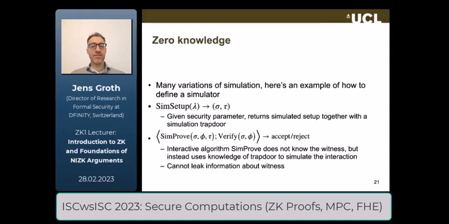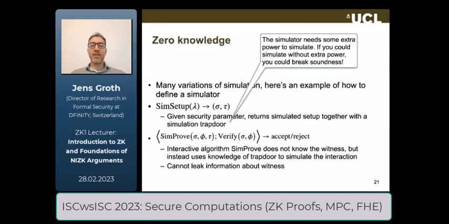Okay, and it may seem a little odd, why do we have this simulation trapdoor? Okay, but let me make clear, it's clear that the simulator needs to have something extra to simulate, right? If you could have nothing extra and you could simulate, well, then whenever you have a statement, you could just run the simulator and generate a proof, and you could break soundness.